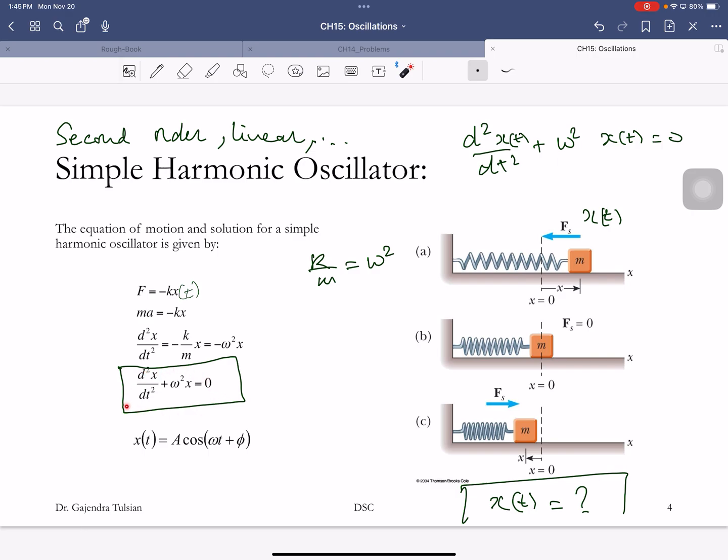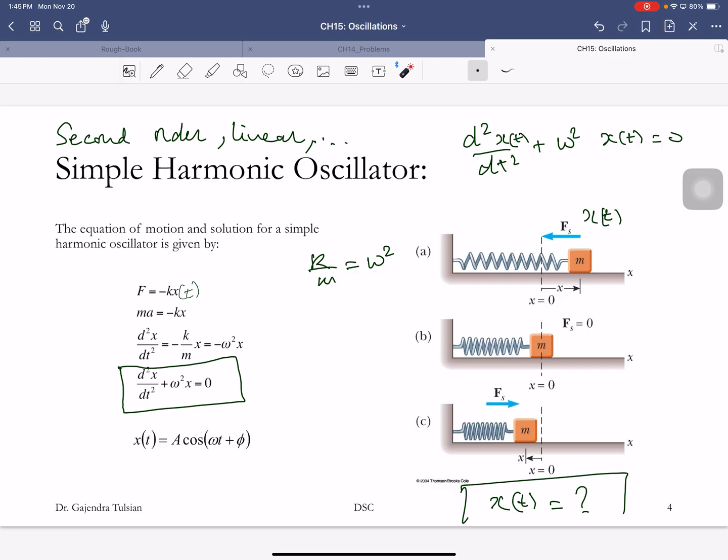For this differential equation, we just try various functions, and here's the solution. Somebody came up with the solution, pulled it out of their hat. This solution is giving you the position of this mass as a function of time.